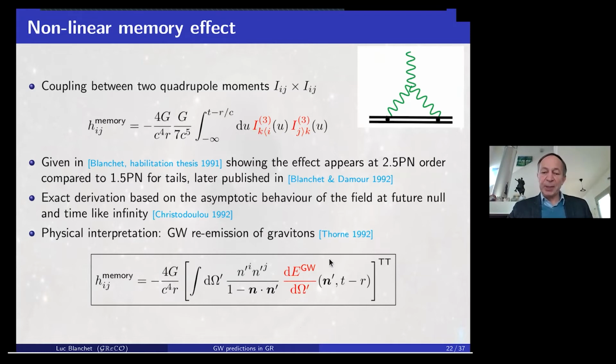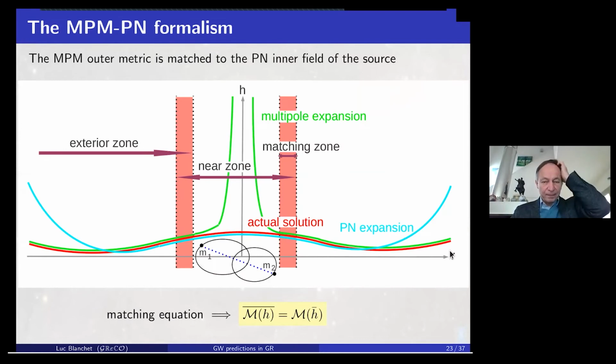And this is very nice because this effect can be interpreted as the gravitational wave re-emission of gravitons, and the formula is exactly the same as the one that you can work out for any massless radiation, particularly photons or maybe neutrinos if they are massless. So it's a very nice effect as well.